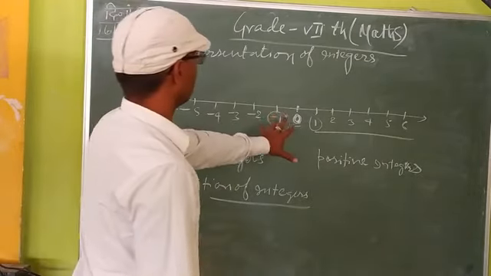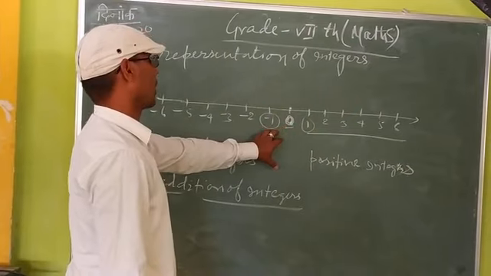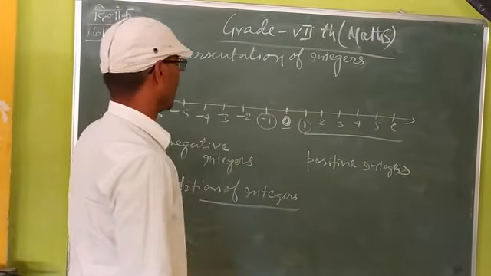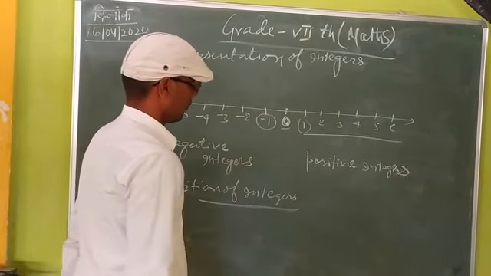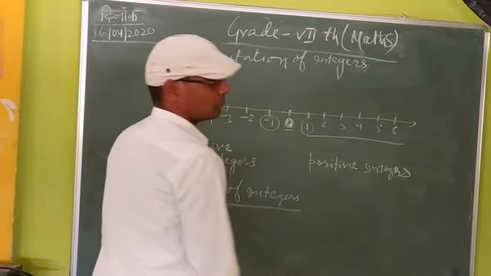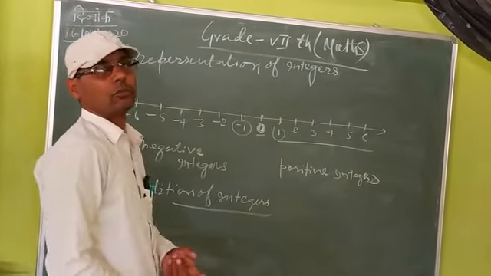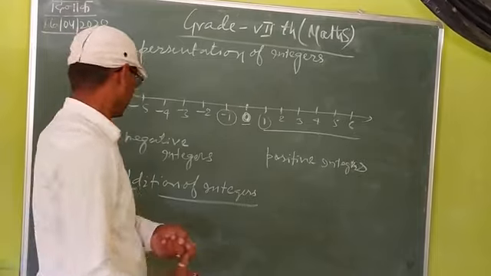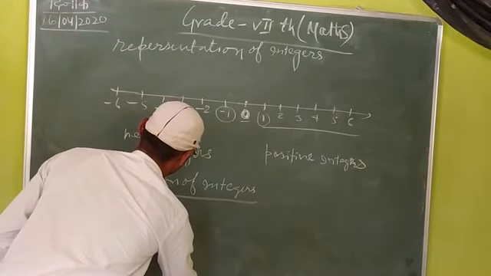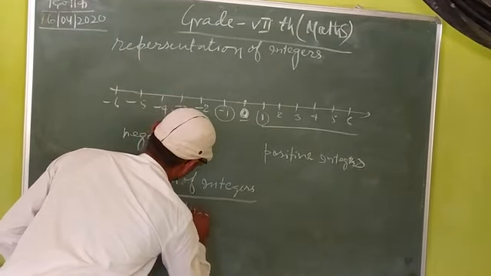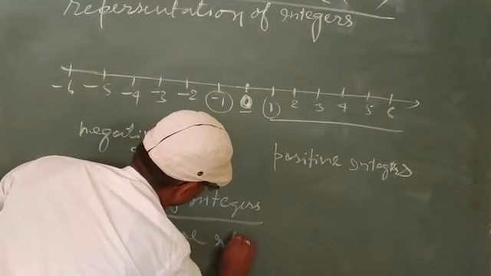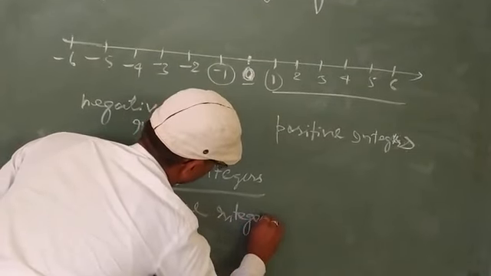Suppose this is a number line. I am going to add some numbers, positive integers at first.